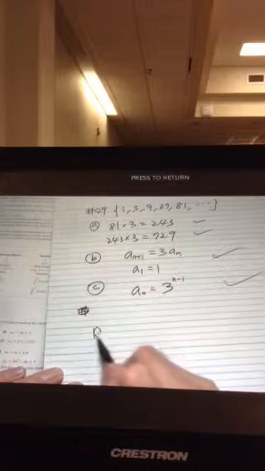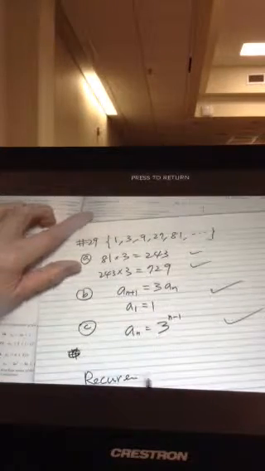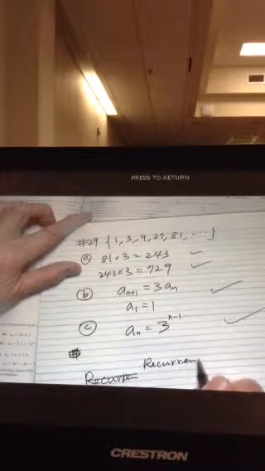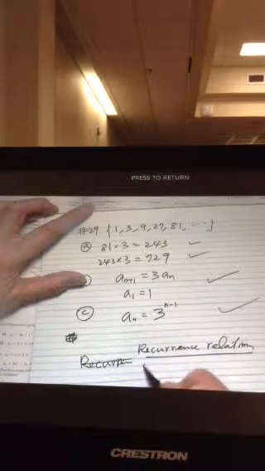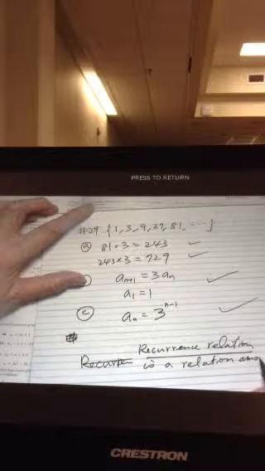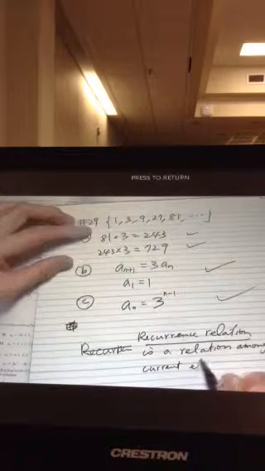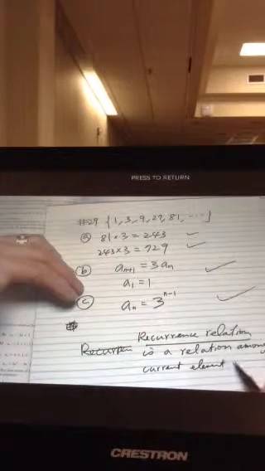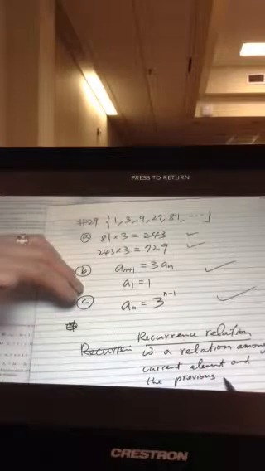Good question. Okay, a recurrence relation. Let me write this word. Recurrence. Normally, a recurrence relation is a relation among the current element, I mean, current number or element, and the previous elements.